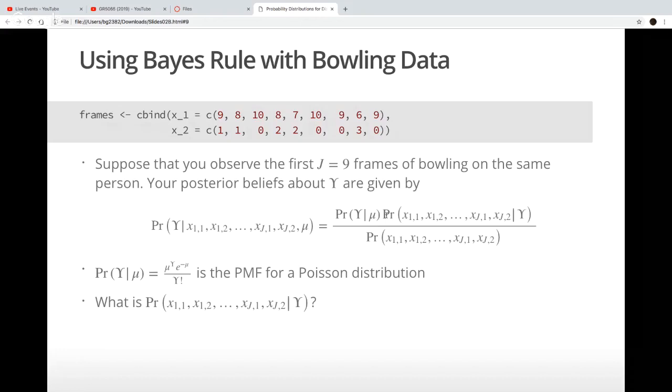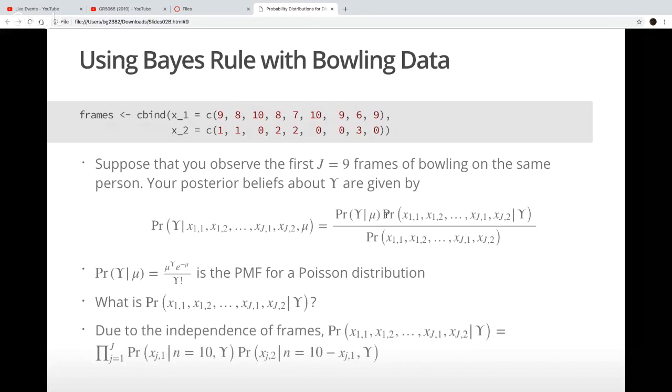So we've got a prior probability mass function for upsilon, which is a Poisson. No name thing, but we just multiply 18 things together to get the probability for 9 frames of bowling. And then the last question is, what is the probability of the 9 frames, or what happens on 9 frames of bowling, in the denominator, irrespective of upsilon?